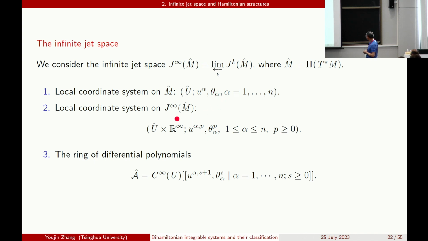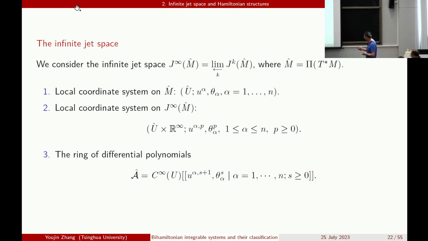For the jet space, we have these local coordinates. You can view this u alpha p as the p-th x derivative of u. You can view it as a curve passing through the manifold M. And then we have these linear differential polynomials.